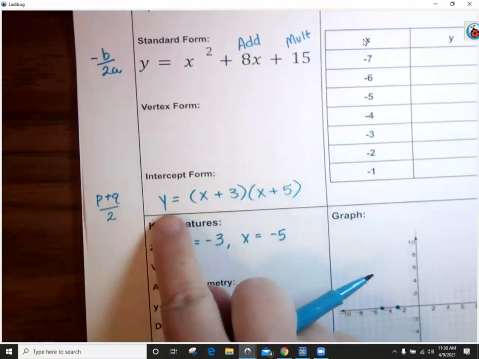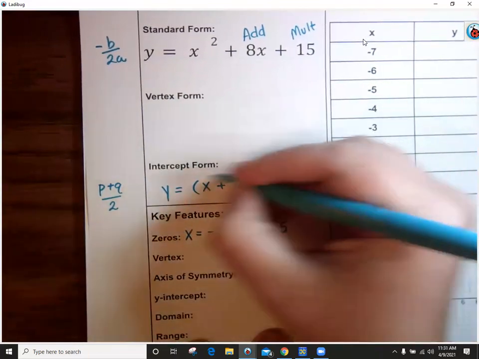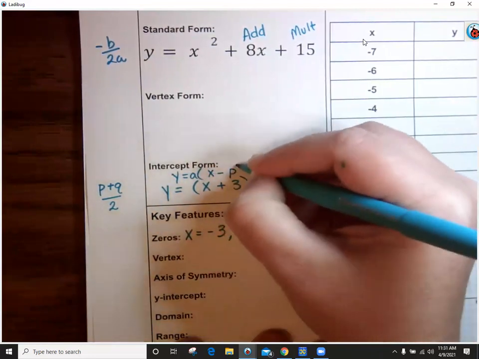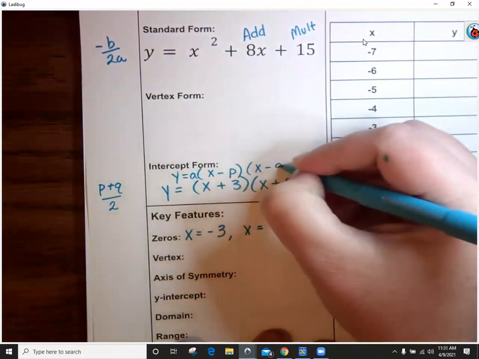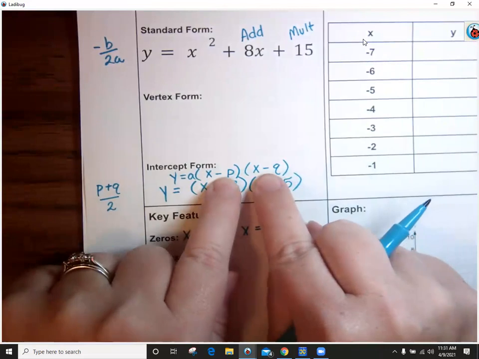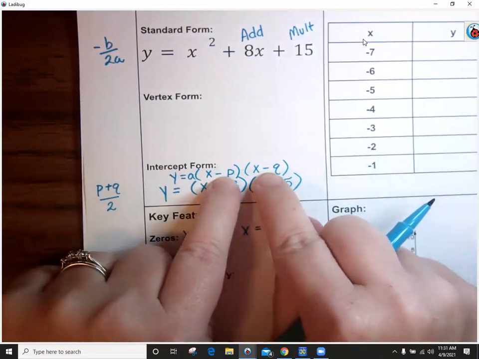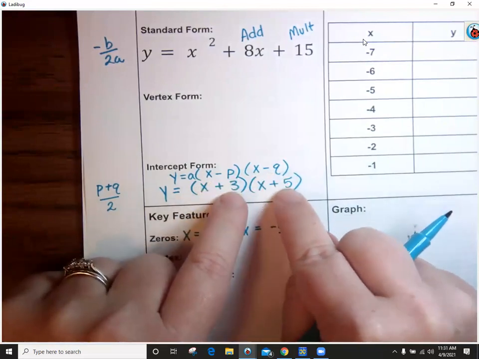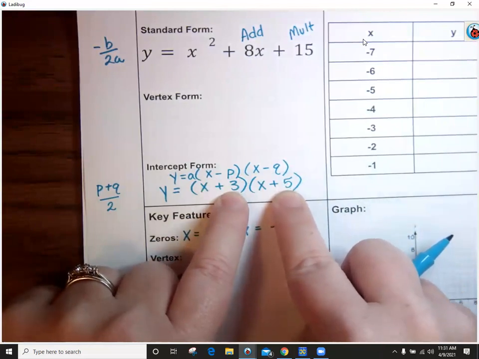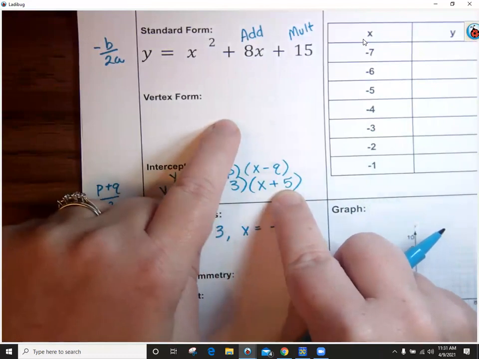So when we have this intercept form, the formula for that is x minus p and x minus q. So those minus signs in front of this in the formula mean that whatever we see here is opposite of what it looks like, just like in vertex form, how that h is opposite.